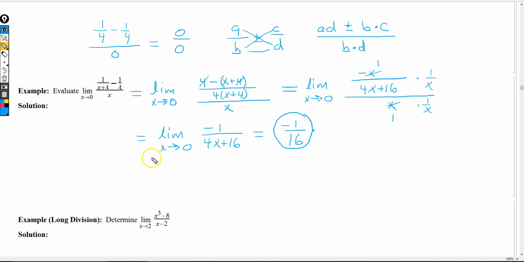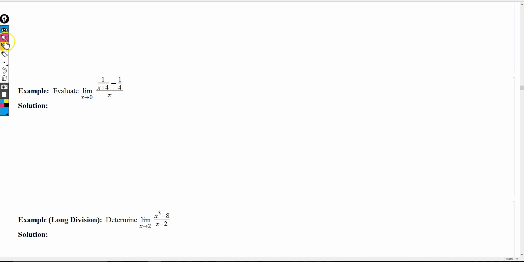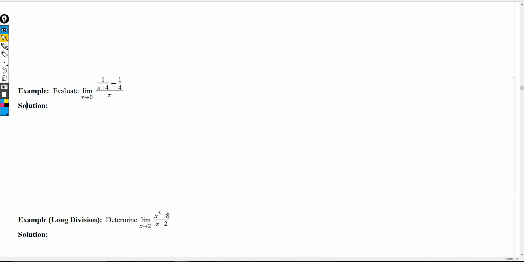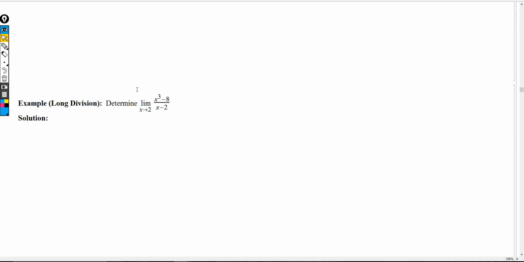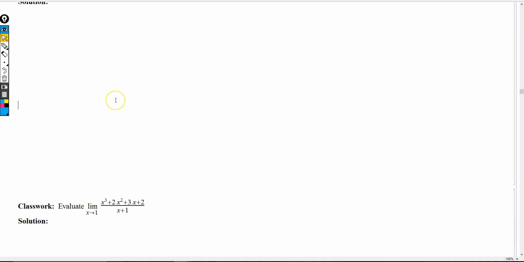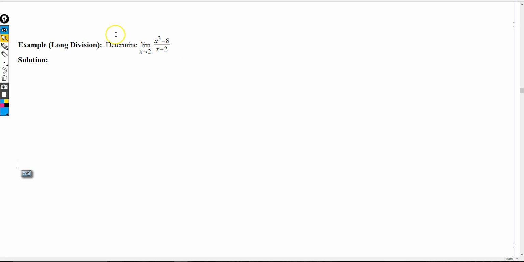Let's take a look at another one. Now here we have limit as x approaches 2, x cubed minus 8 over x minus 2.